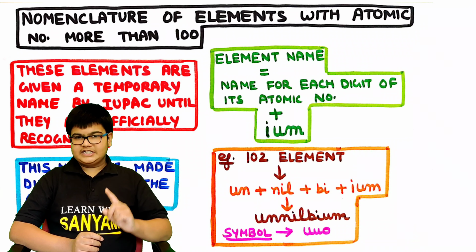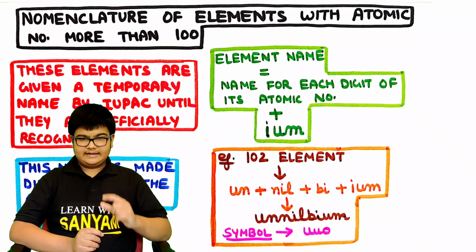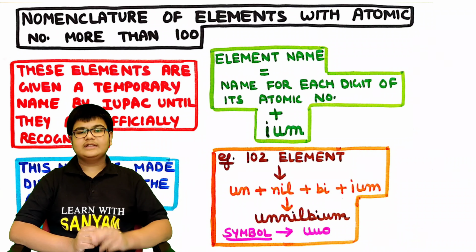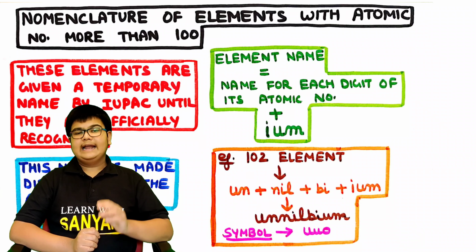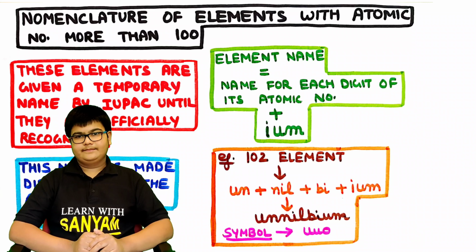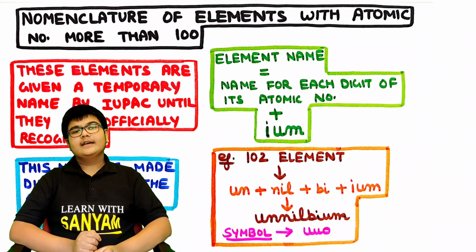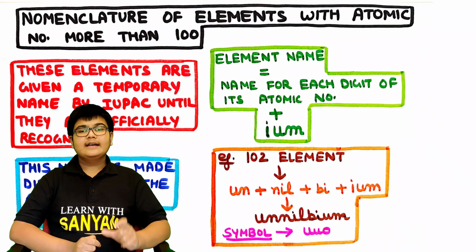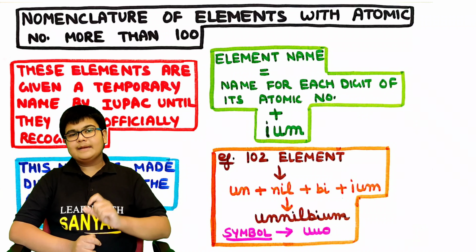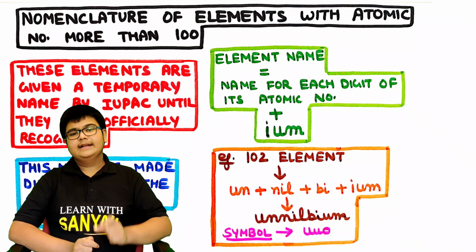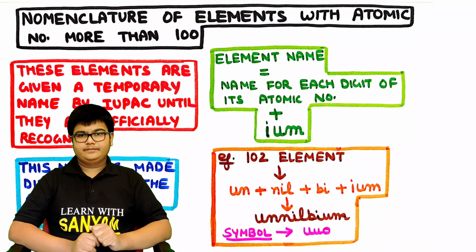So for digit 1, you know that the name is UN. Similarly, for digit 0, the name is NIL, and for digit 2, the name is BI. So we will write UN, NIL, BI, and in the end IUM. So the name becomes UN plus NIL plus BI plus IUM, that is Unnilbium.